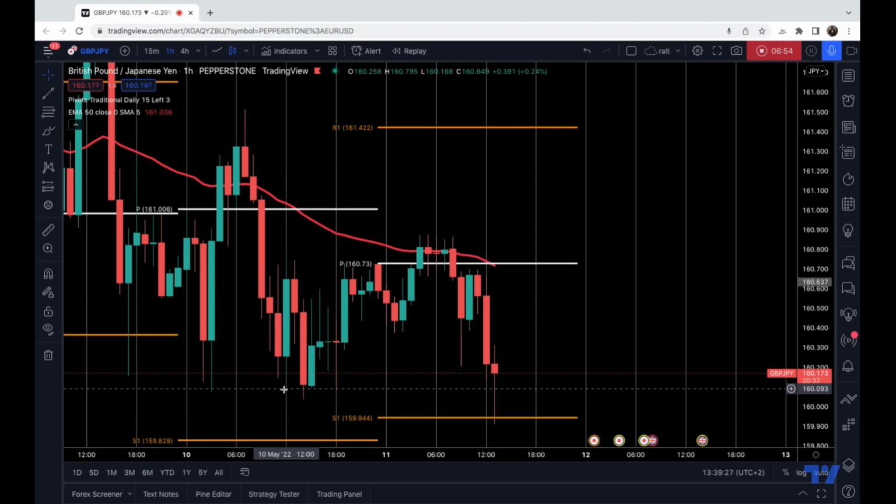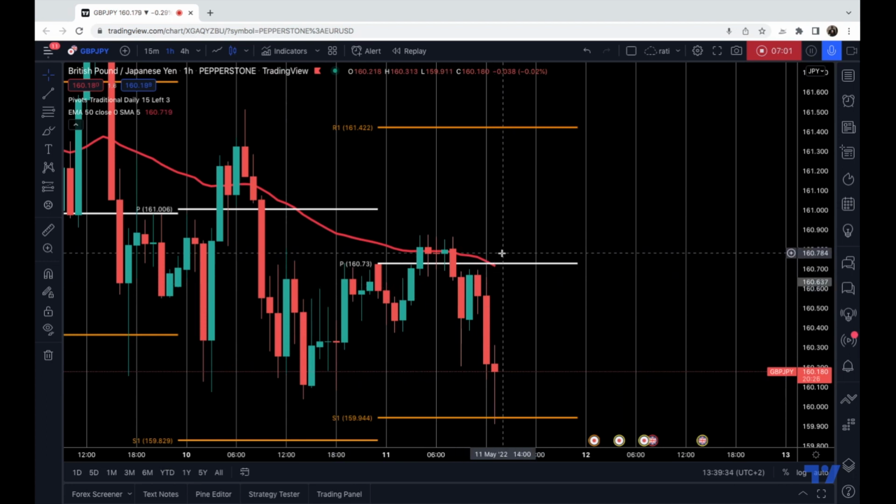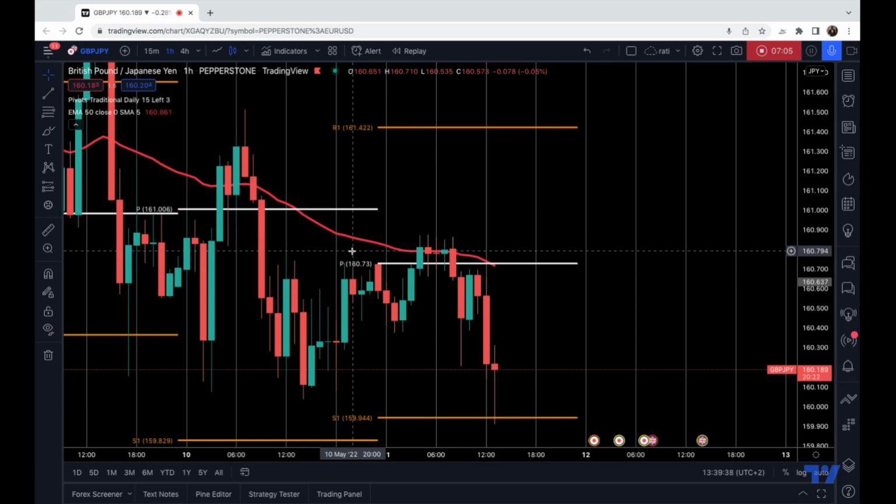We potentially could see this price have a move upward where it breaks the pivot point and it probably breaks the moving average as well, comes to test these highs here and probably test the moving average and the pivot point, and we could potentially see an upward movement on this trade. We'd have to wait and see how it plays out.